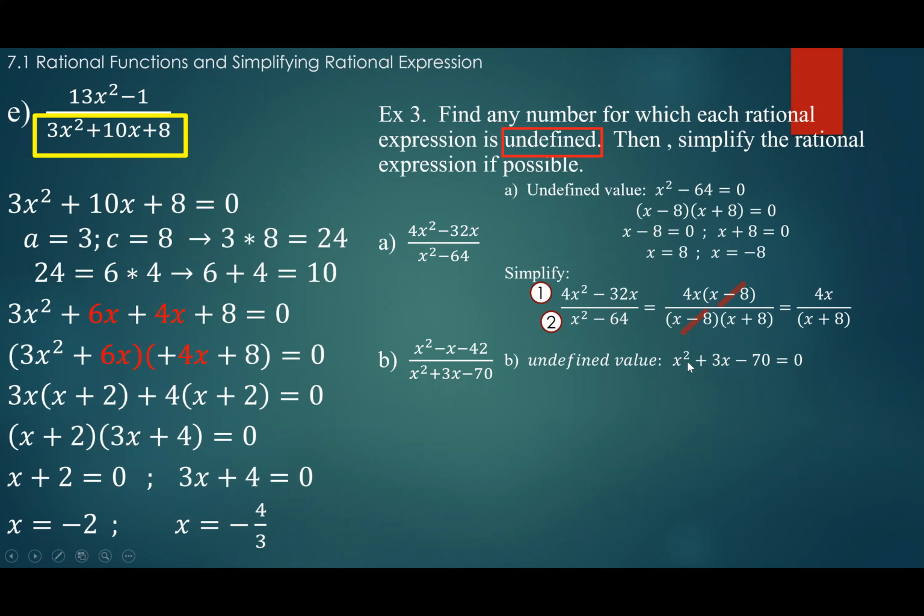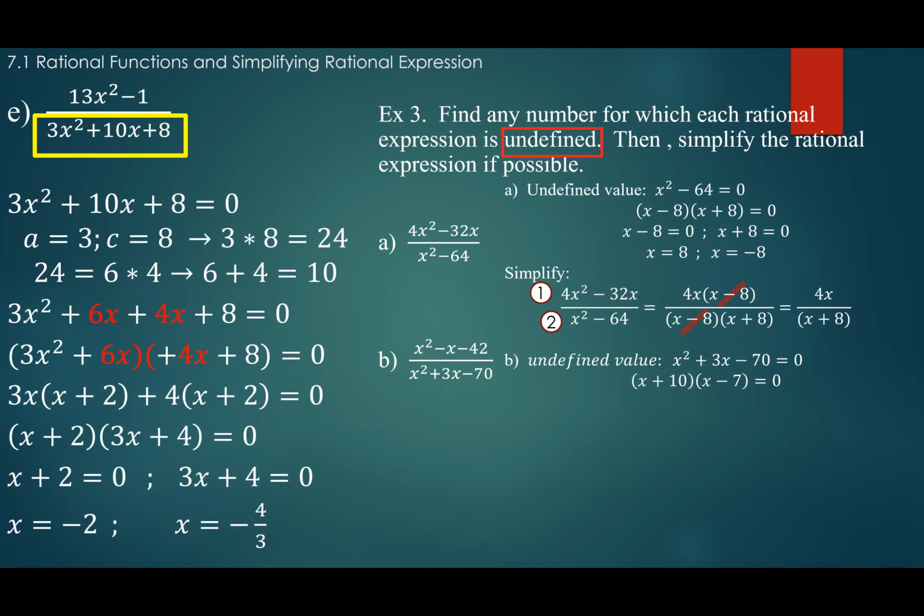Because I have an x squared equal to 0, in order for me to solve, I need to factor it out. By now, hopefully you see that 10 times 7 is 70, and 10 minus 7 is 3.